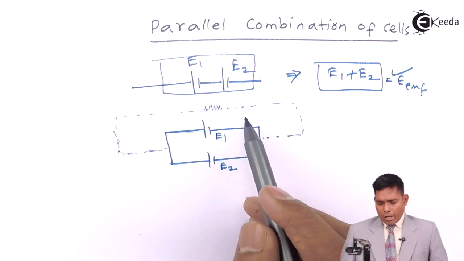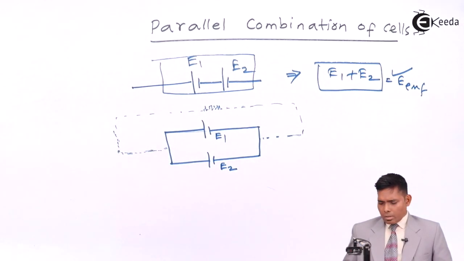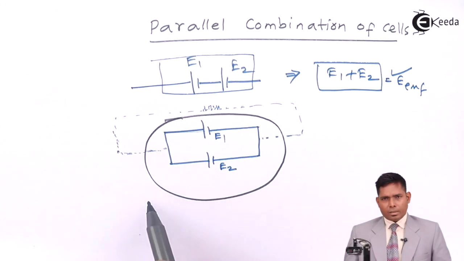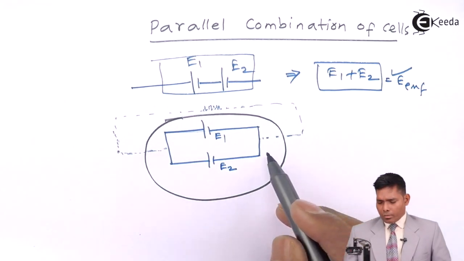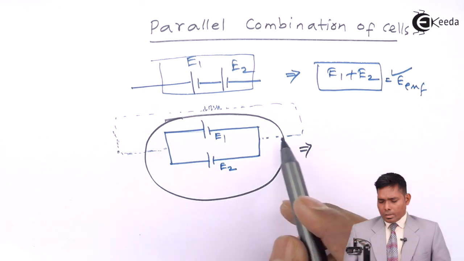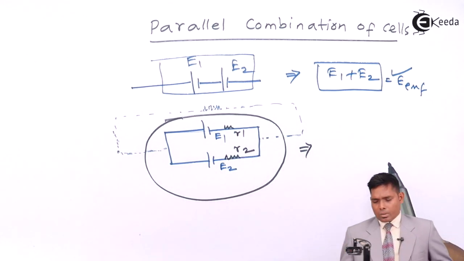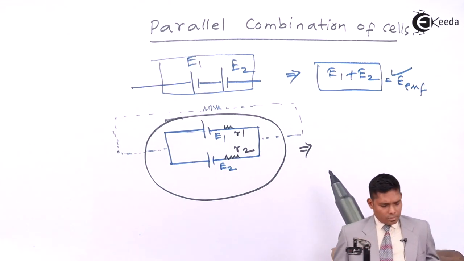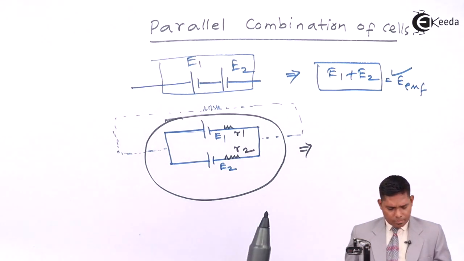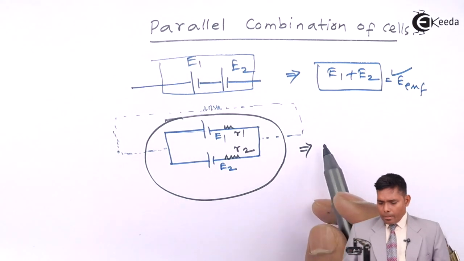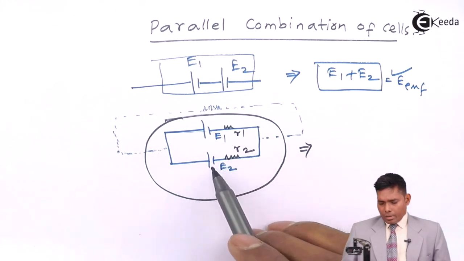Similarly, if I want to replace this combination of these two cells by a single cell, what is the equivalent of these two cells? If its internal resistance is R1, internal resistance R2, what is the equivalent? That we are going to see. Okay, now E1, R1, E2, R2.